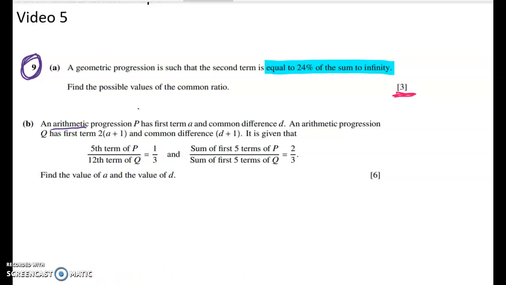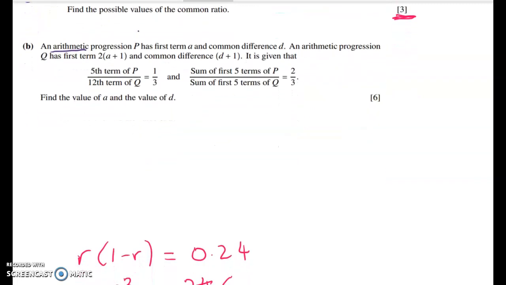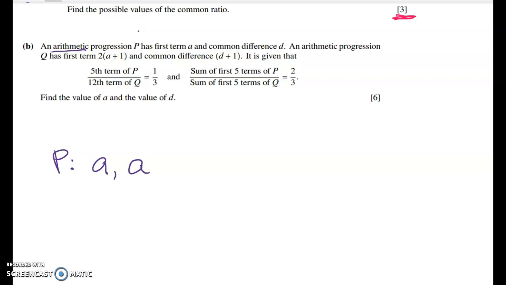So we've got two arithmetic sequences or progressions, and the first one is the really basic one where the first term is A and the common difference is D. So P goes like this: A, A plus D, and then A plus 2D, and so on.